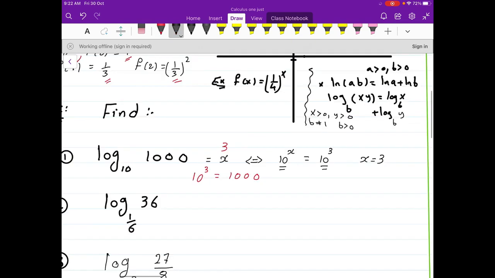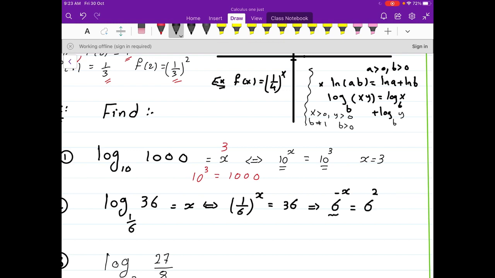Now find log 36 to the base 1 over 6. This is equivalent to x if and only if 1 over 6 to the power x equals 36. Now this is equivalent to 6 to the power minus x equals 36, the same as 6 squared.